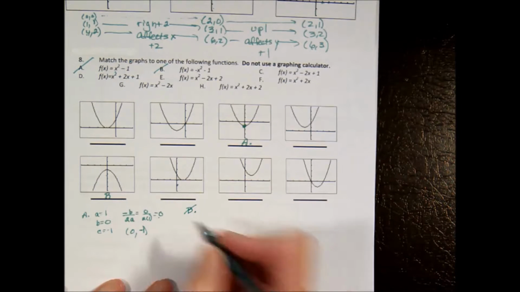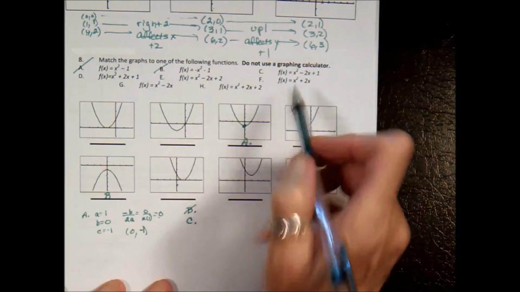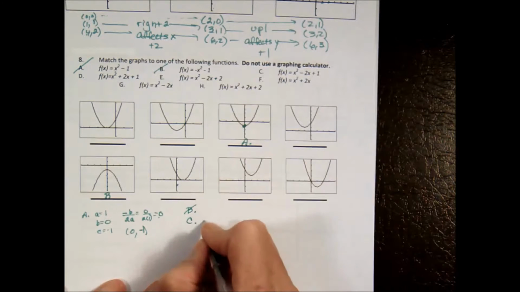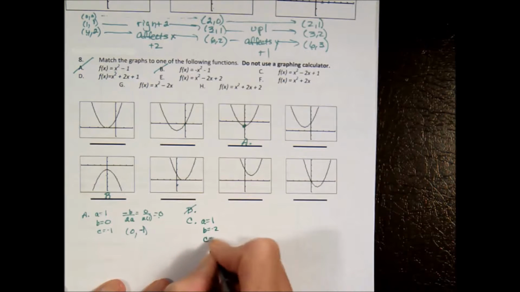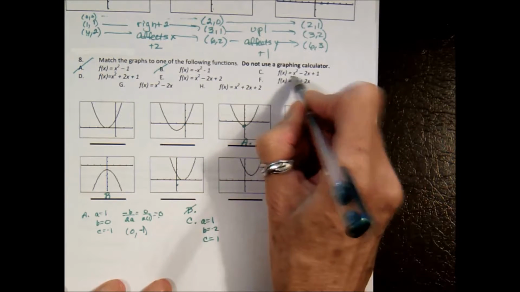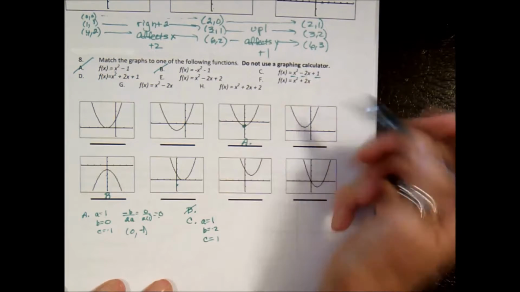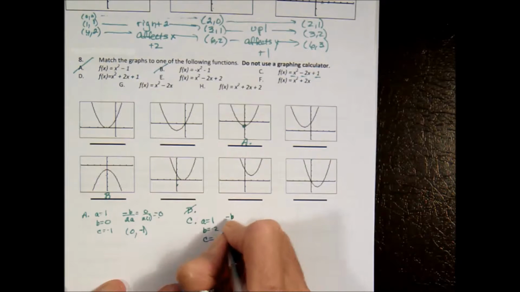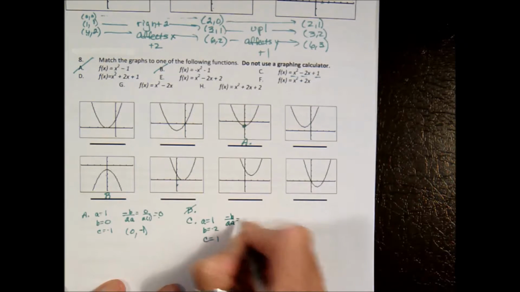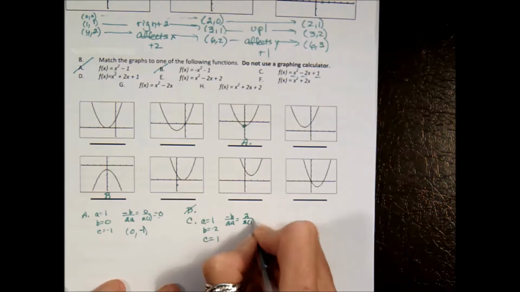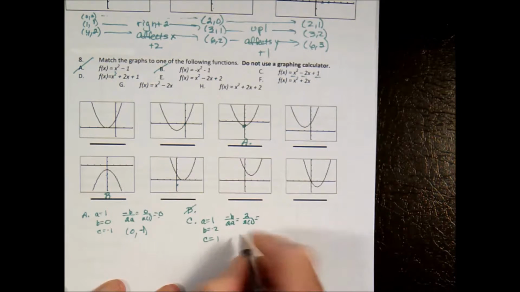So let's look at C. C, I have A is 1, B is -2, and C is 1. I'm getting that right here, 1, -2, and 1. So my vertex, -B over 2A, is the opposite of -2 over 2 times 1, or 2 over 2, which is 1.